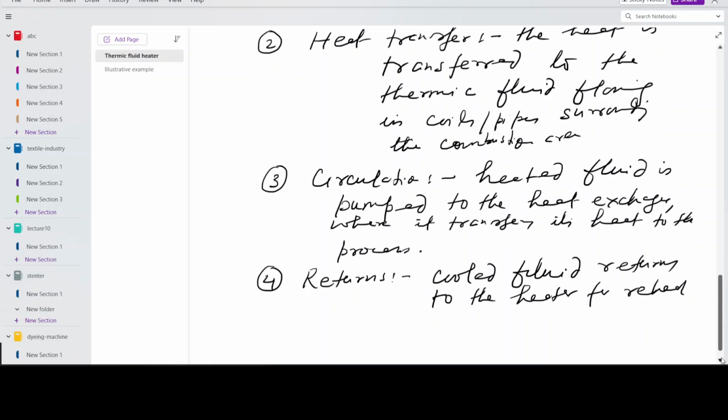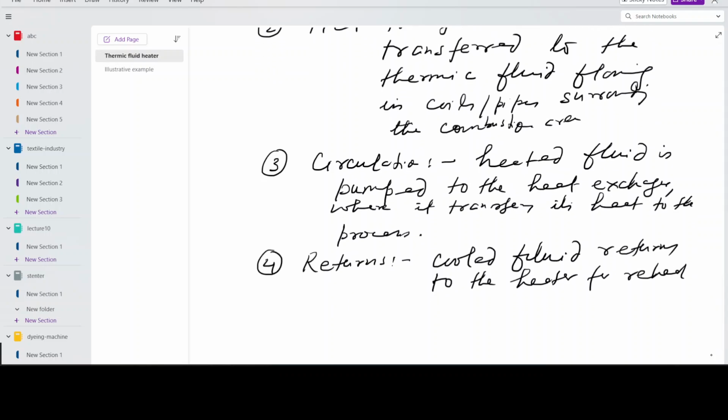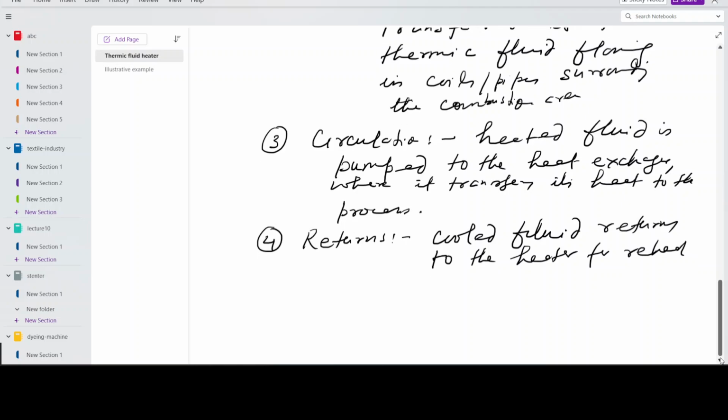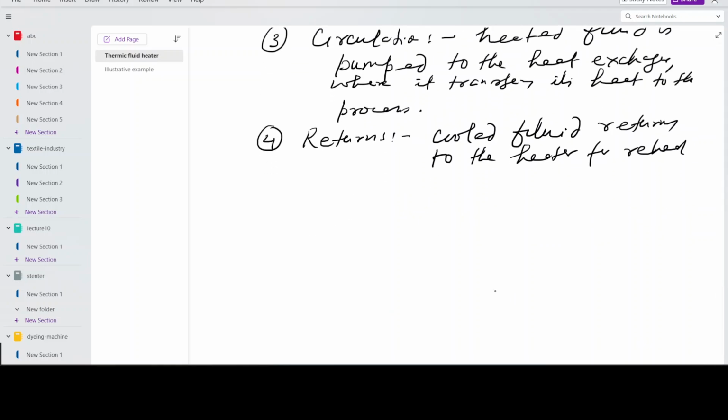Thus we see that this is a closed cycle operation, and as we know the efficiency of a closed cycle operation is always greater than steam boiler for the same purpose.